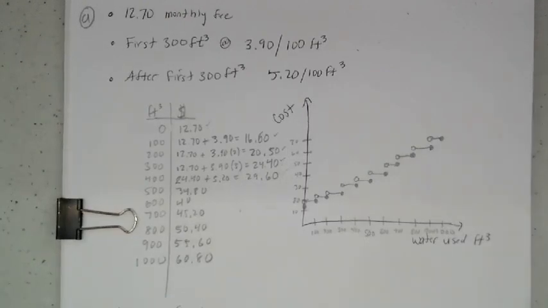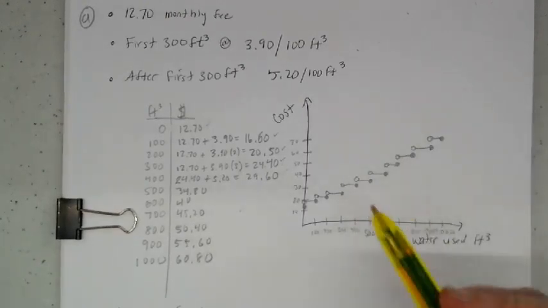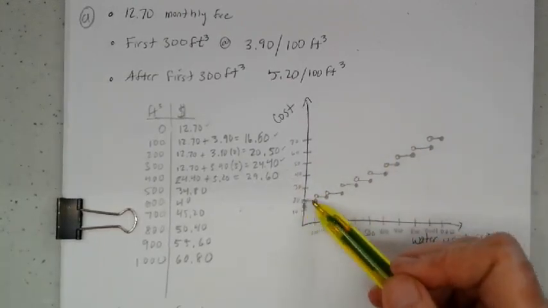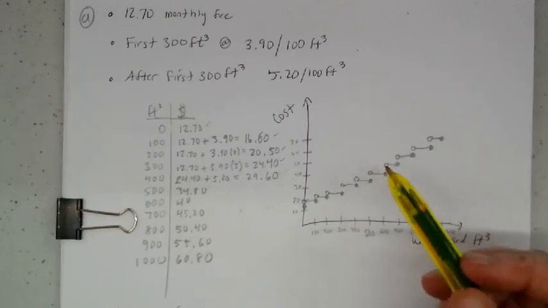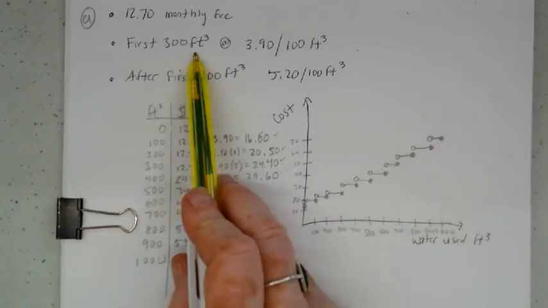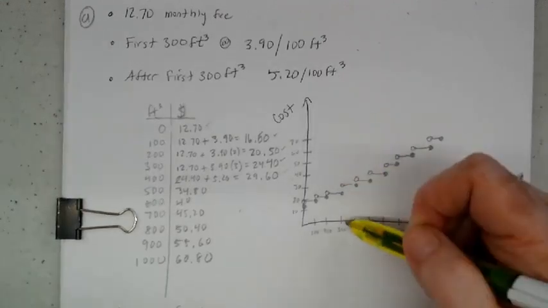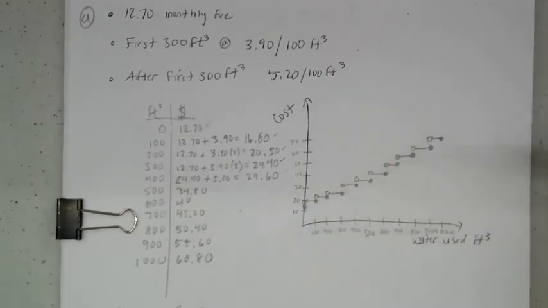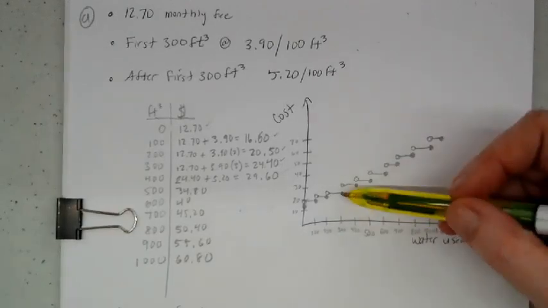I made it so that it was a function. When it says the first 300 cubic feet, well, it's hard to explain. All the way up to 300, you get a certain price.